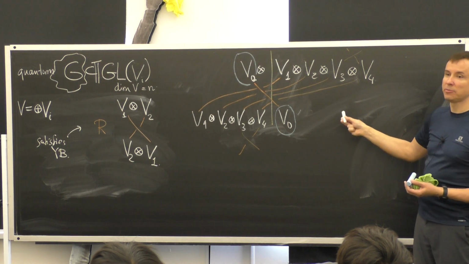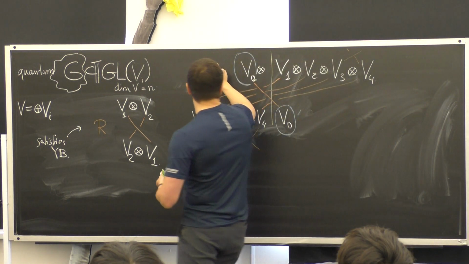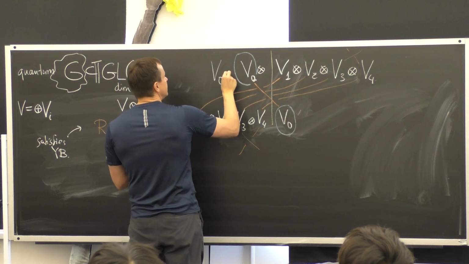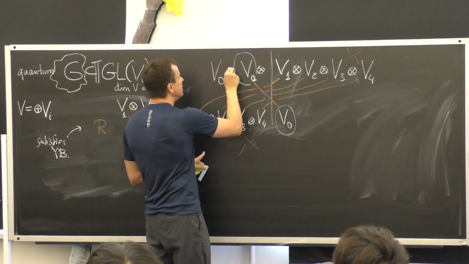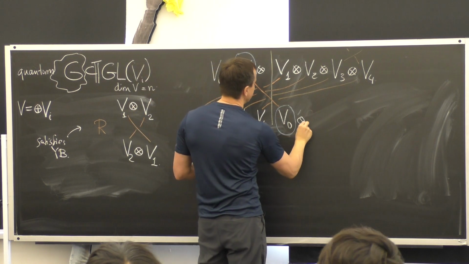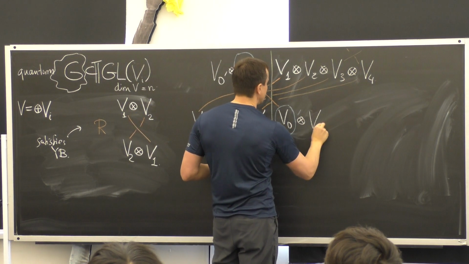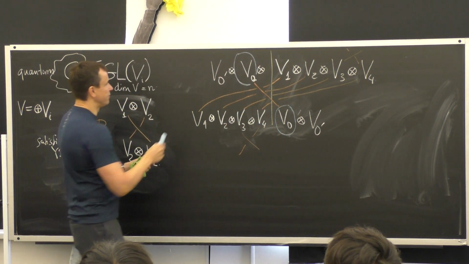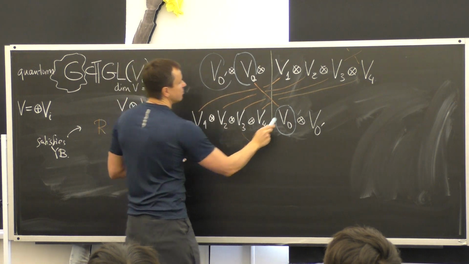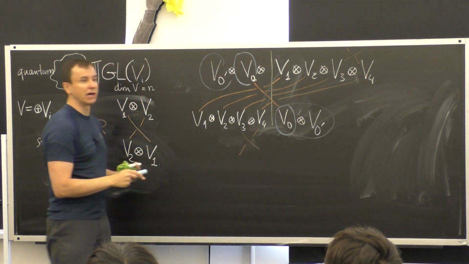The product of two operators like this means I need to take one more copy, maybe V_0 prime, the same as V_0 but with some other number. So I take another copy of V_0 prime, and this extends my auxiliary space to have two copies.